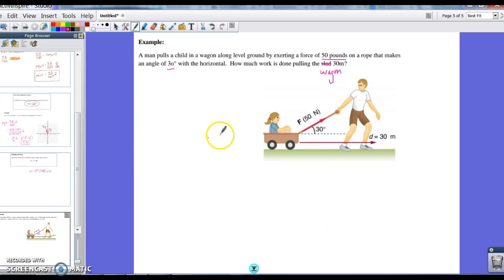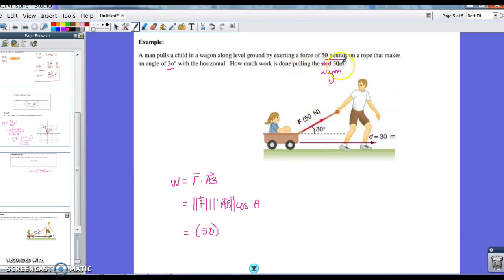If I go back to my formula, I've got W is equal to my force times my vector for moving the object from A to B. If I apply the formula, I've got the magnitude of F times the magnitude of AB times the cosine of the angle between them. The magnitude of the force F is 50.